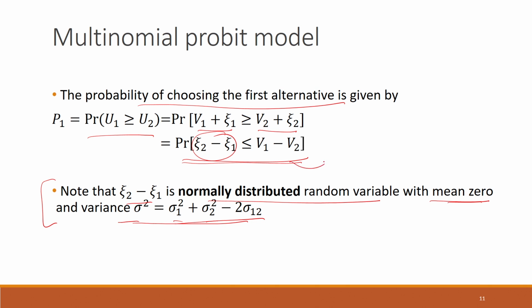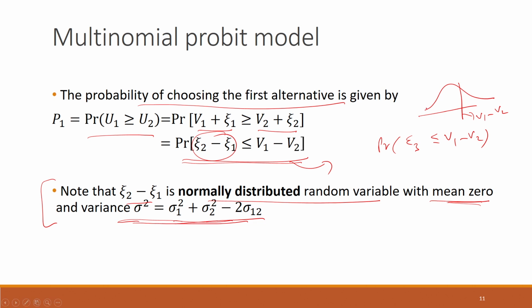So, what this means here is that we have to determine the probability that this new quantity E2 minus E1, suppose we represent it by E3, is less than or equal to V1 minus V2, okay. So, suppose V1 minus V2 lies here. This E3, as we have argued, is another normal distributed variable that has 0 mean and variance given by this.